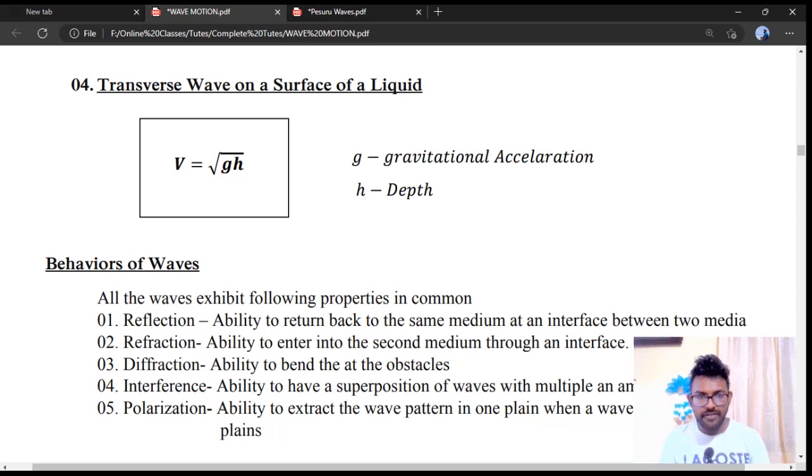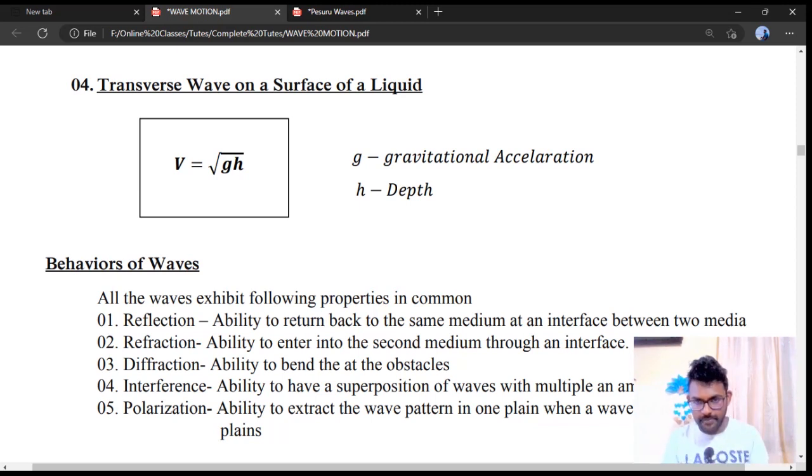Okay, so reflection is the ability to return back to the same medium at an interface, the interface between two media. If you have an interface, the wave can, without penetrating into it, reflect back to the same medium. And refraction is the ability to enter the second medium through the interface.